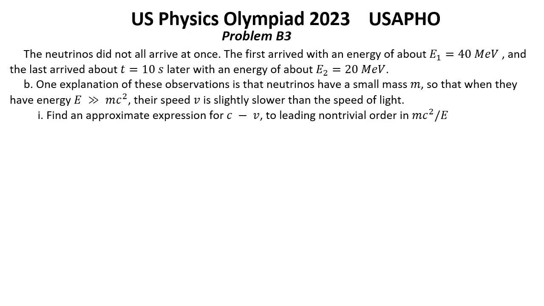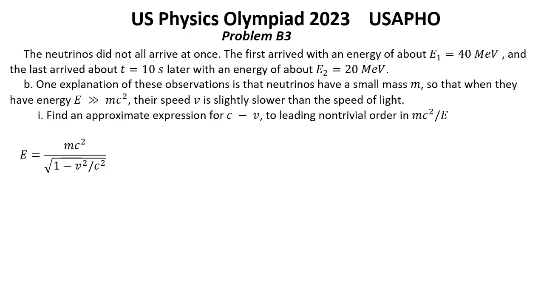Solution. Here we can use the regular expression for energy in relativity. Energy equals mc² over the square root of 1 minus v² over c².